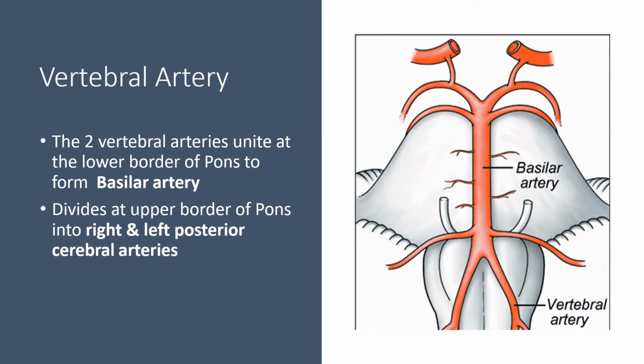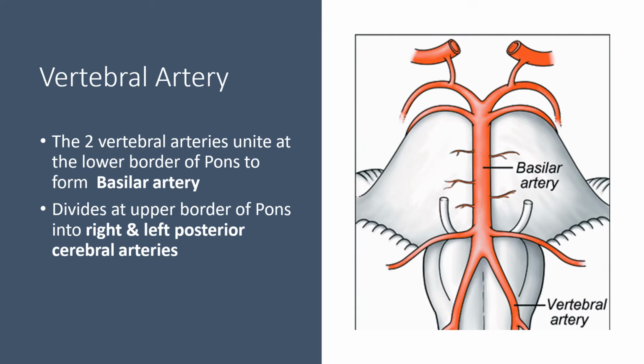The two vertebral arteries unite at the lower border of the pons to form the basilar artery, which ascends in the midline on the ventral surface of pons, and at its upper border terminates by dividing into right and left posterior cerebral arteries.